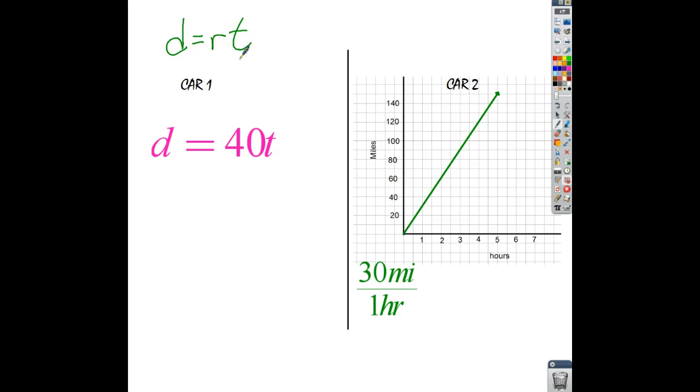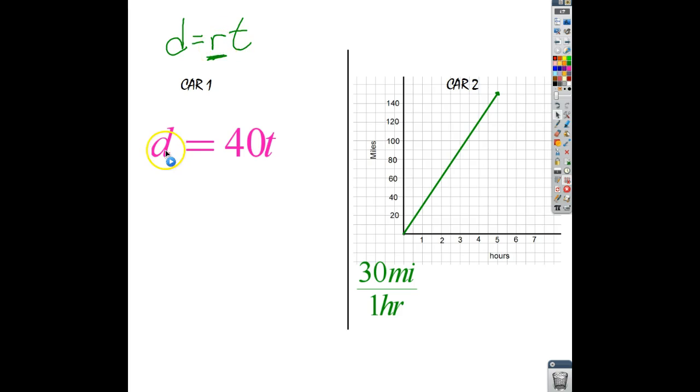Since this is a car and we're comparing another car, we're going to assume that the rate is using the same units, okay? And since this one is miles per hour, we're going to talk about this one in miles per hour. If d is the number of miles that I travel and t is the amount of time, then this number in here must be the rate, okay?